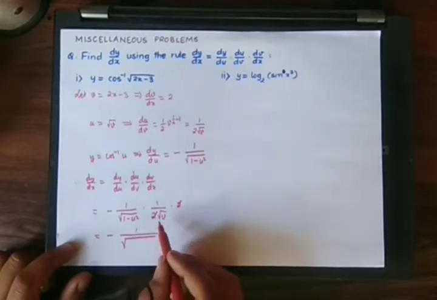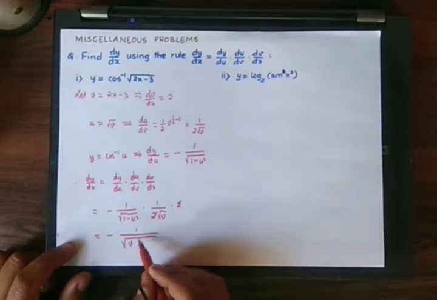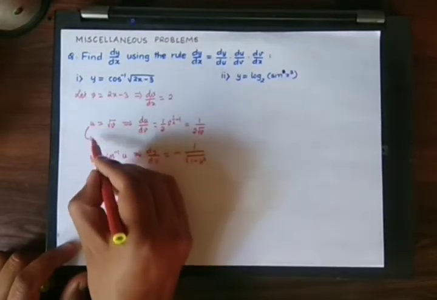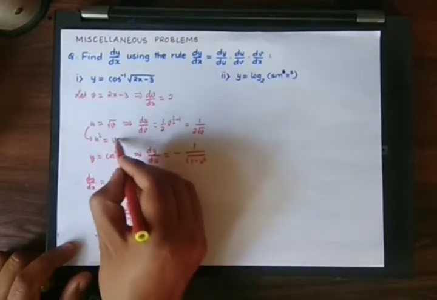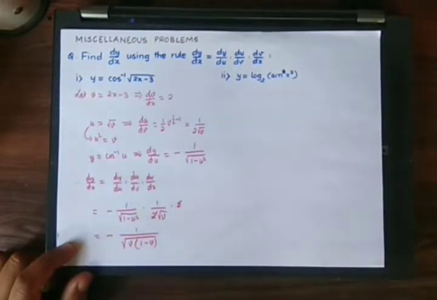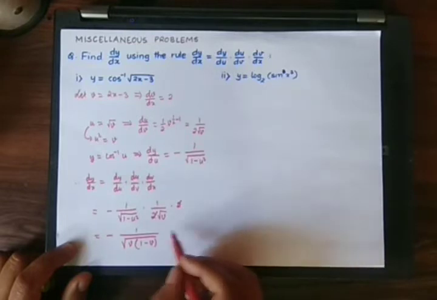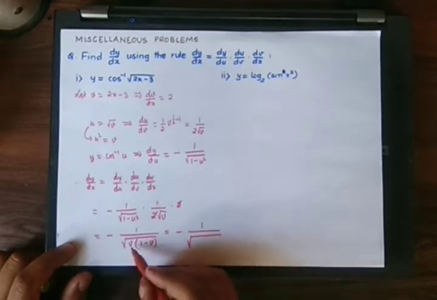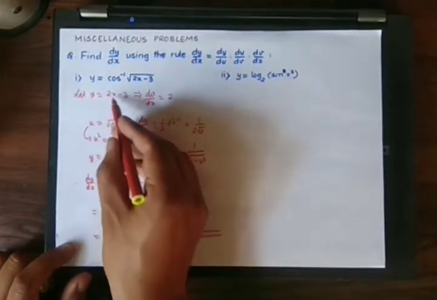Okay, these two roots can be combined, so this can be written as root over v into 1 minus u square. And what is the value of u square from here? U square is v, right? So instead of this I'm going to write v. And ultimately we have minus 1 by root over v times 1 minus v. How much is v? V is 2x minus 3.